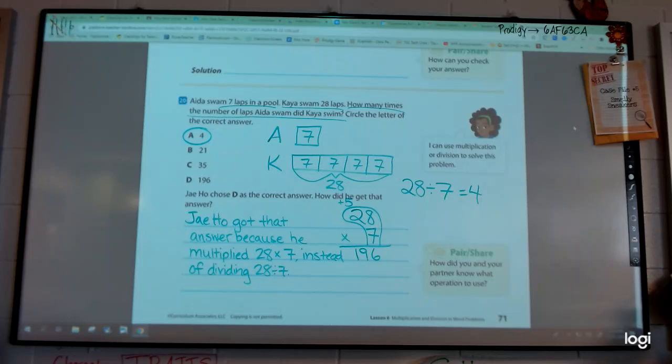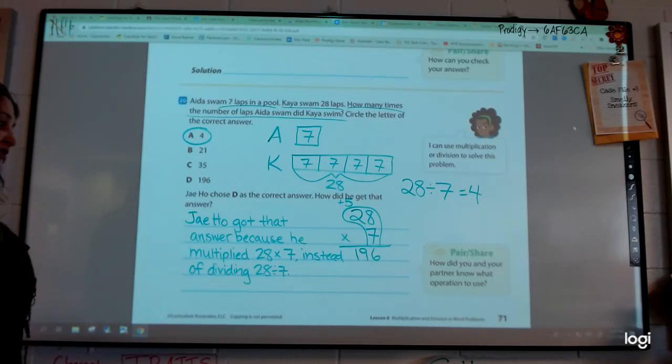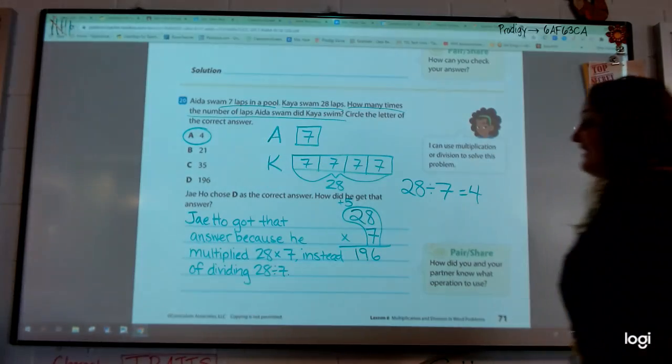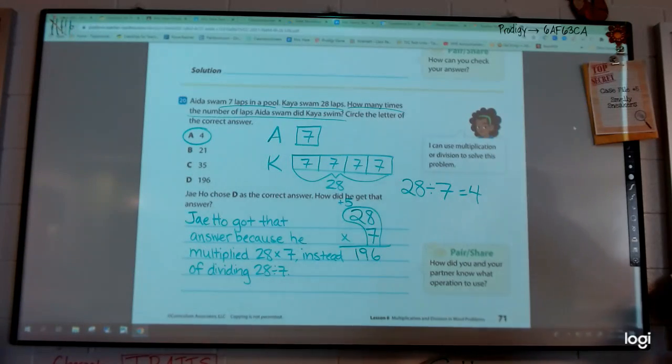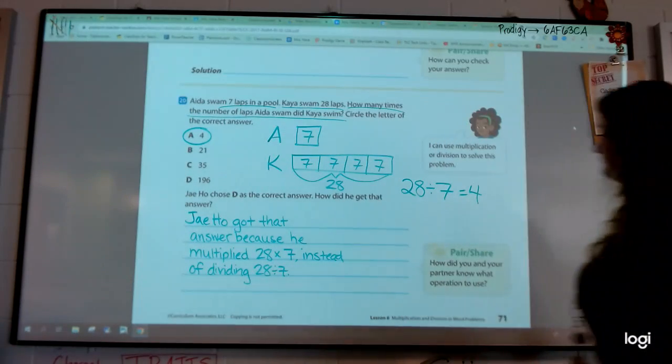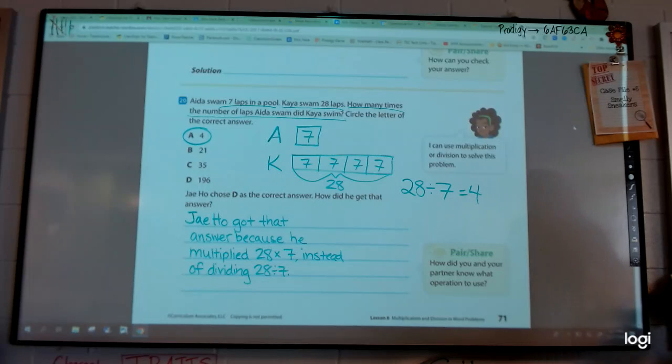So why did he get that answer? J-Ho got that answer because he multiplied 28 times 7 instead of dividing 28 divided by 7. Let me erase this so you can see better.